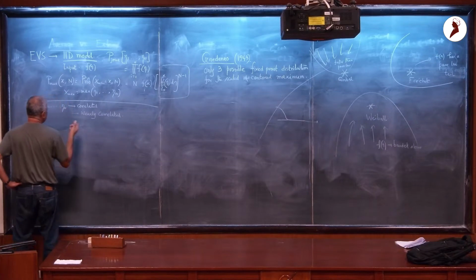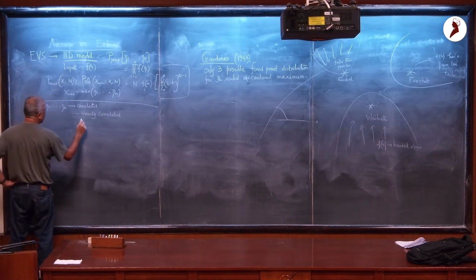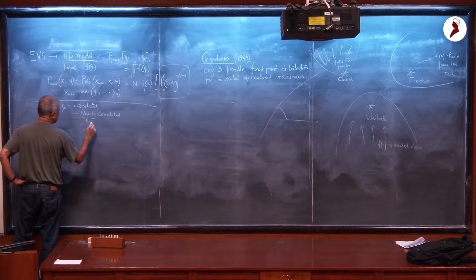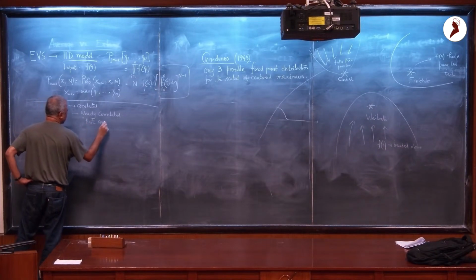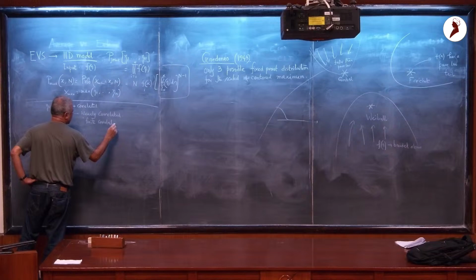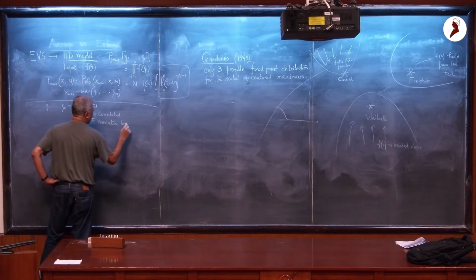So what this means, as I said, is that there is a finite correlation length psi, which is much, much less than the system size n.